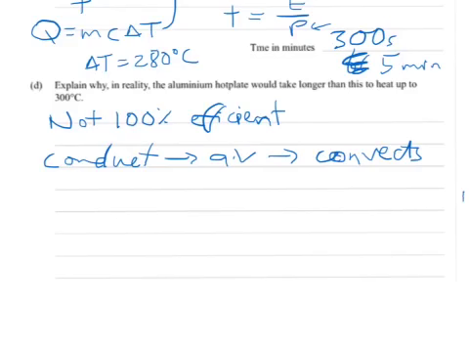That heat, without actually touching it, is being conducted to the air, which is in contact with the surface of the outside, and then the hot air expands and rises, and you lose some of that. And naturally you'll need more energy to replace that energy lost, and because you've got a limited amount of power, it's going to take longer than that 5 minutes.